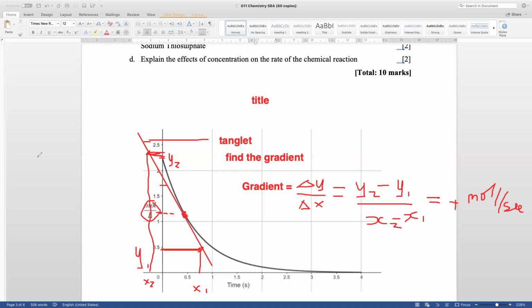Or if you feel that concentration in moles per liter is not helping you find the right answer, remember that concentration can also be given as molarity. So just say molarity per second. The value that you find as a negative, turn it into a positive, then supply the answer with these units as molarity per second.